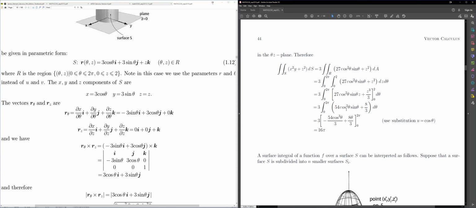To integrate this here, you could use a substitution, u is equal to cos theta, or you just integrate the cos squared. And when you integrate the cos squared, you're going to get cos cubed on 3. But you want to make sure that whatever this is, when you differentiate it, you get back what you have over here.